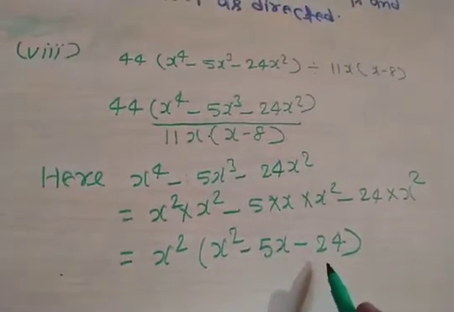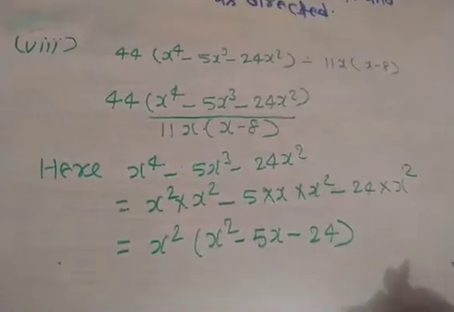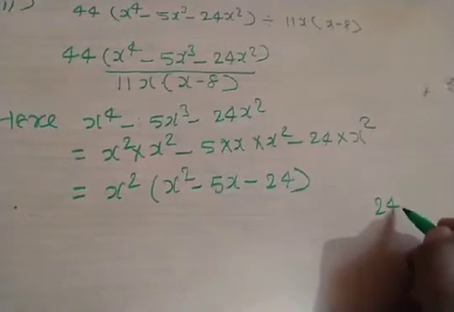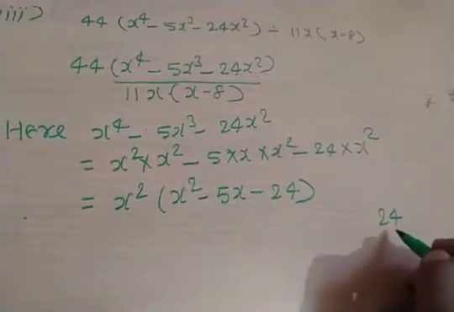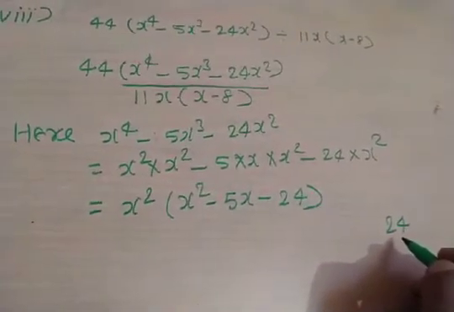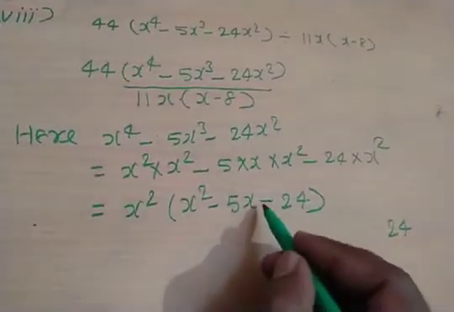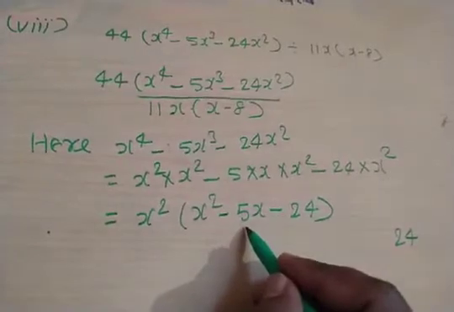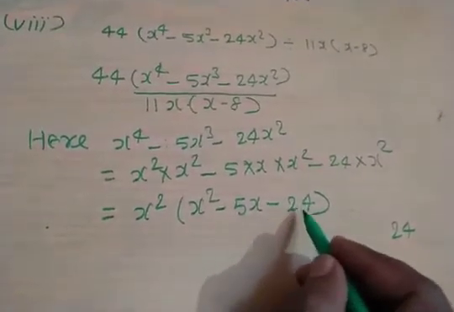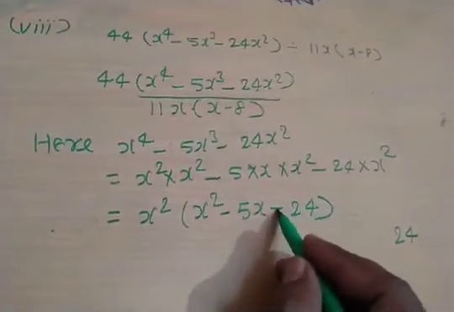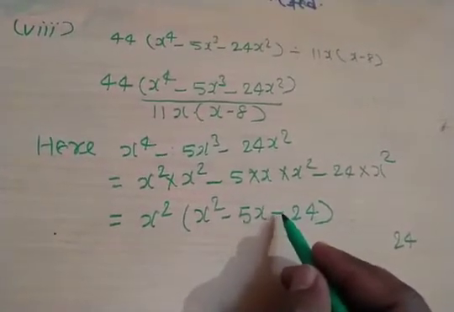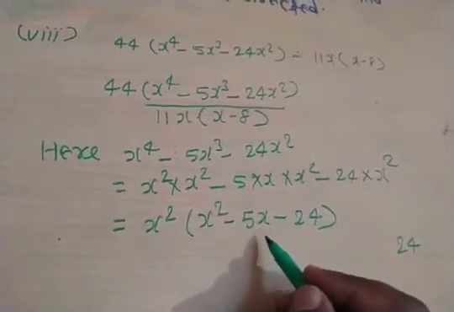You can see constant term is 24, and the sign of the constant term is minus. Okay, good. The sign of the constant term is minus, and the coefficient of x is 5.